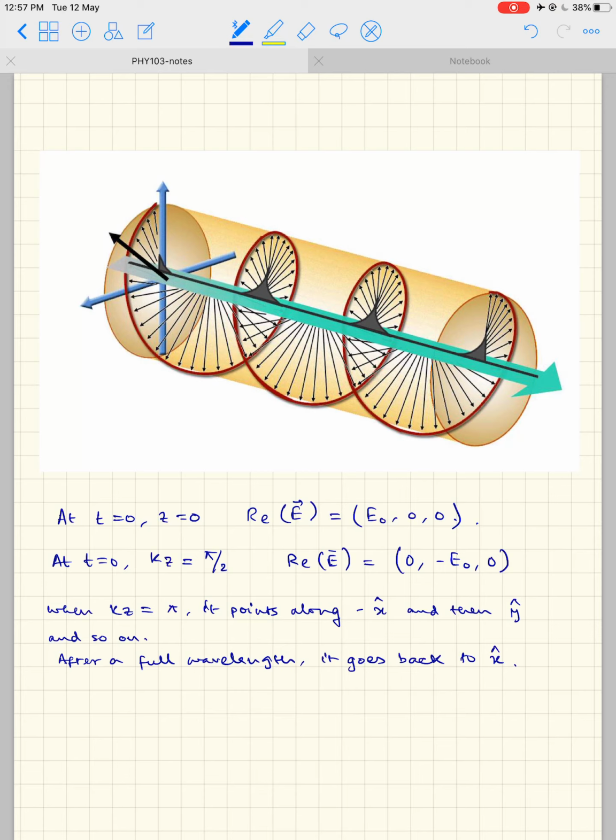So thus, as we move along the direction of propagation of the wave, so as we move along z, the polarization vector rotates clockwise in the xy plane.